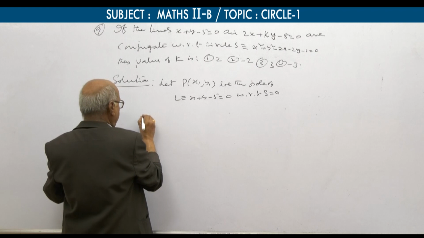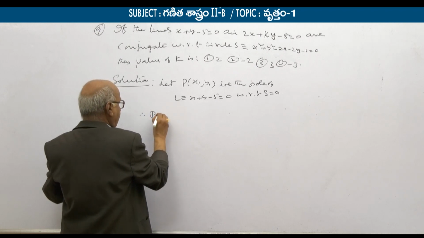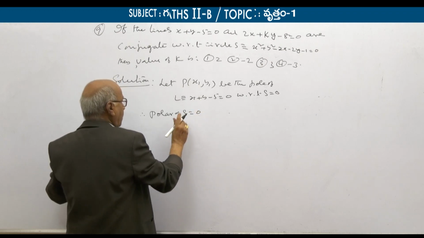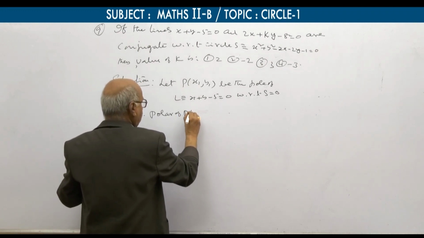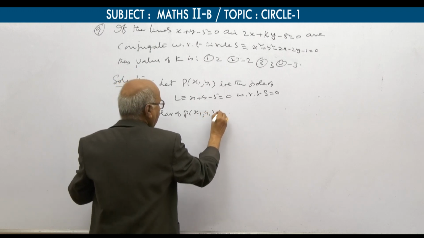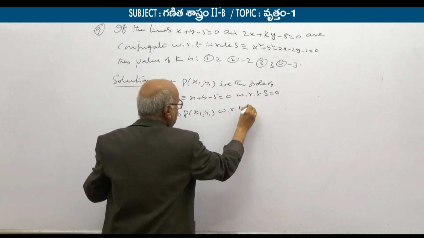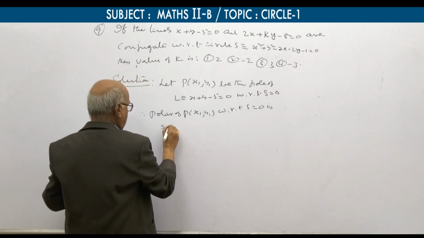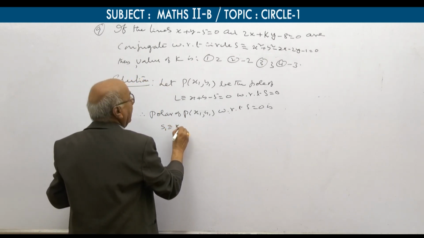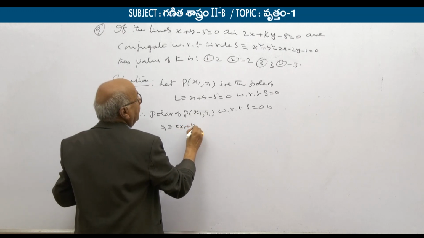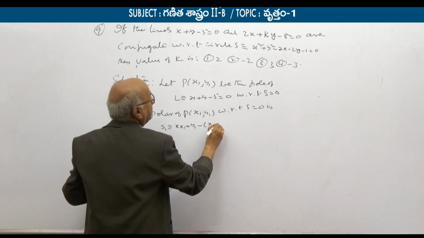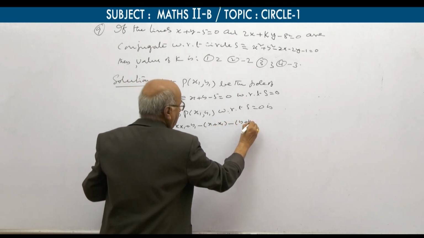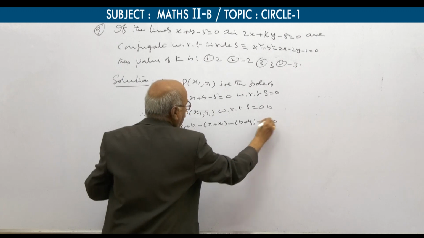So therefore the polar of P(x1, y1) with respect to S is equal to 0 is xx1 plus yy1 minus (x plus x1) minus (y plus y1) minus 1 equal to 0.